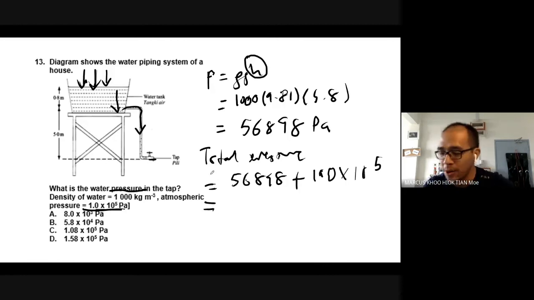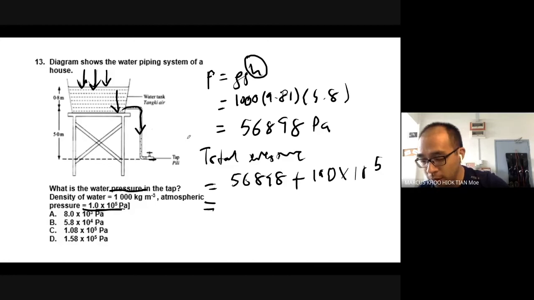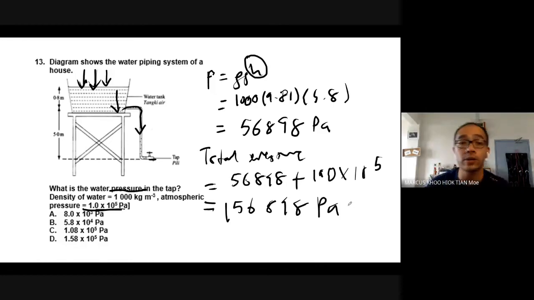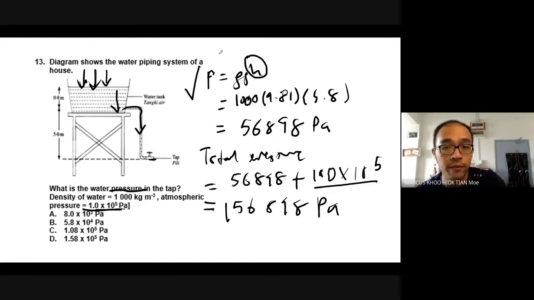So 1 times 10 to the power of 5 plus 56,898, you should get 156,898 pascals all together. But because we haven't learned atmospheric pressure, don't worry about this now. We'll talk about this in the next subtopic. All you need to know is that as long as you know how to count the liquid pressure, for today, that's good enough.